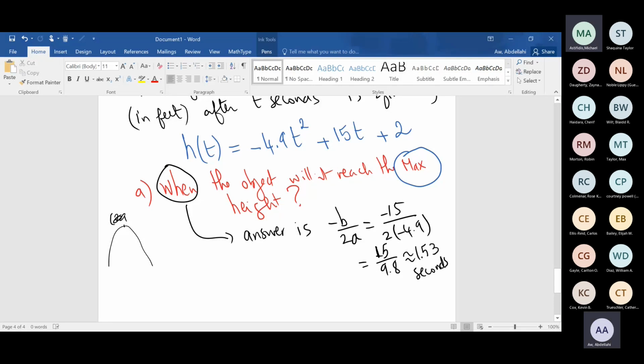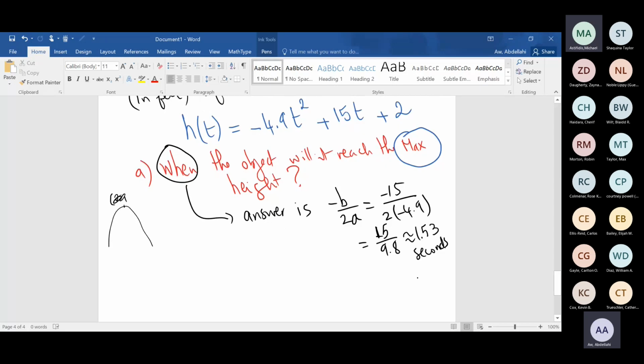The object will reach the maximum height after 1.53 seconds.